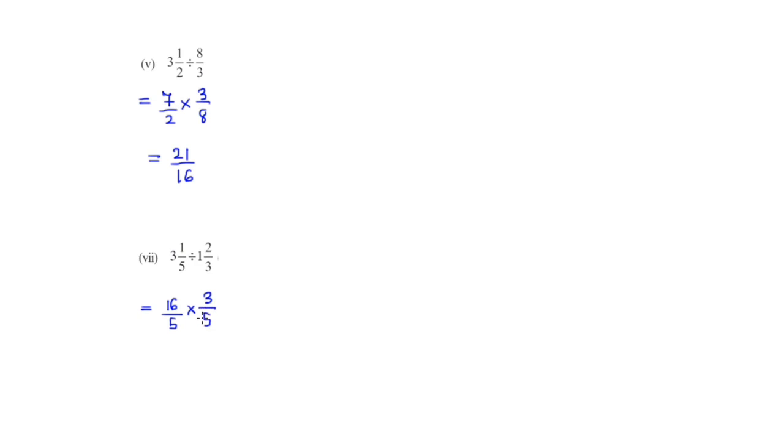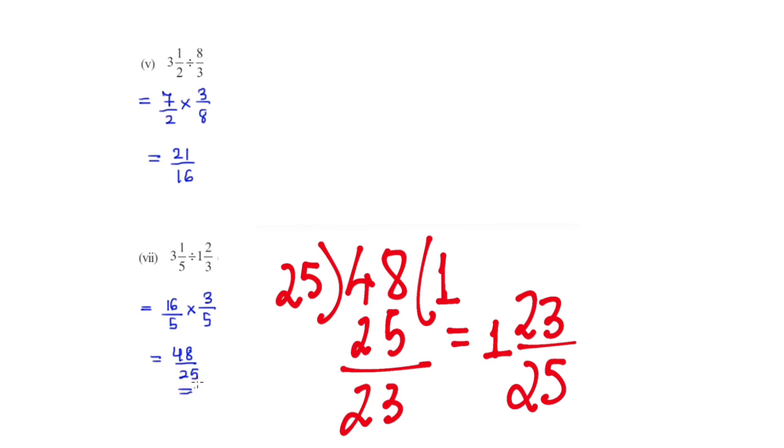I hope I am clear at this point. Now multiplying the numerators and denominators, we will get 16 times 3 is 48 over 25. Understood? And this is how we will solve this question.